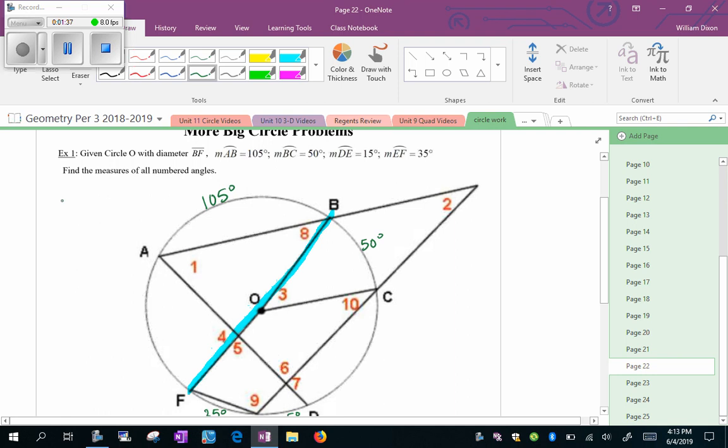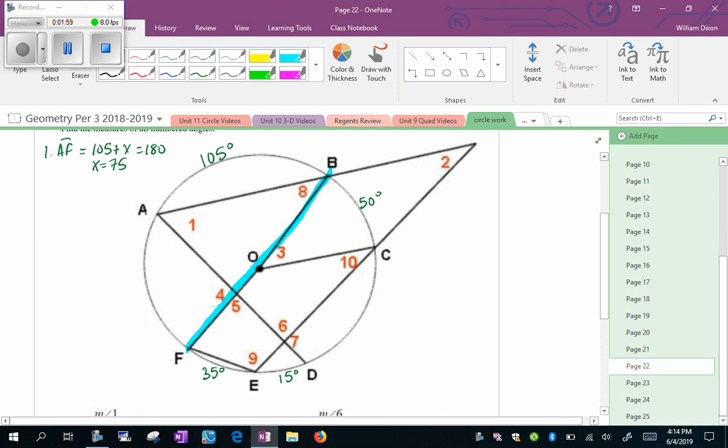So the first thing I'm going to write over here is arc AF equals 105 plus X, and that equals 180. So when I solve that, I know X equals 75. So I'm going to fill in for arc AF 75 degrees.